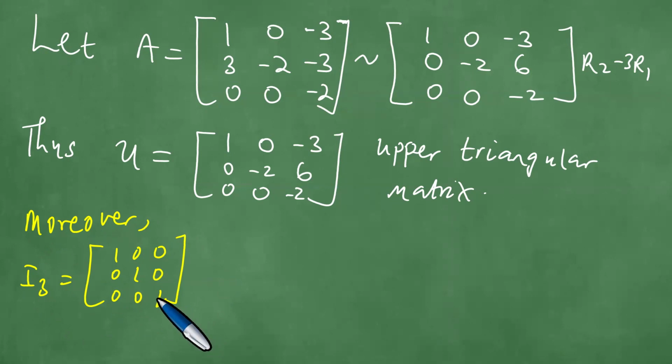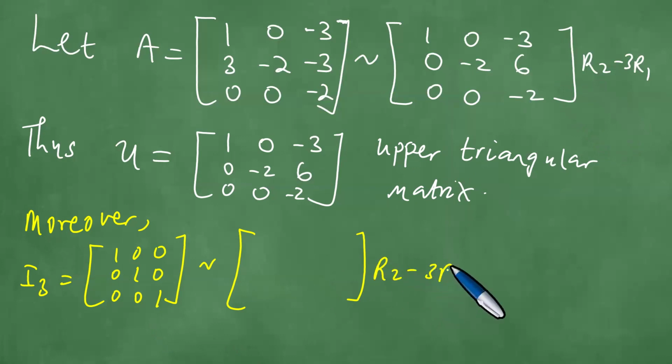We then say that at this point, this matrix can be transformed to an elementary matrix by applying one elementary row operation. The elementary row operation is row 2 minus 3 row 1.